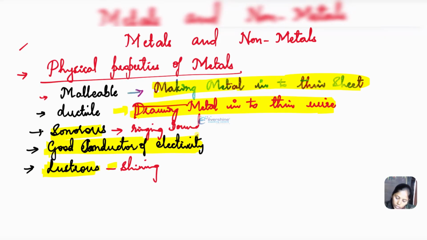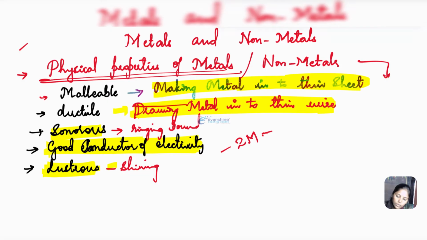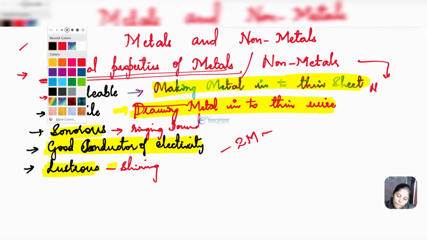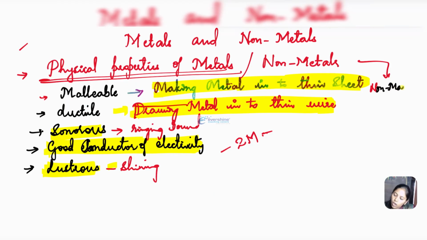Okay, these are all the important topics. In this you will get what is malleability and what is ductility, or else they'll directly ask what are the physical properties of metals. They'll ask the physical properties of metals as well as non-metals. For non-metals you should write the reverse of this. Non-metals are non-malleable.